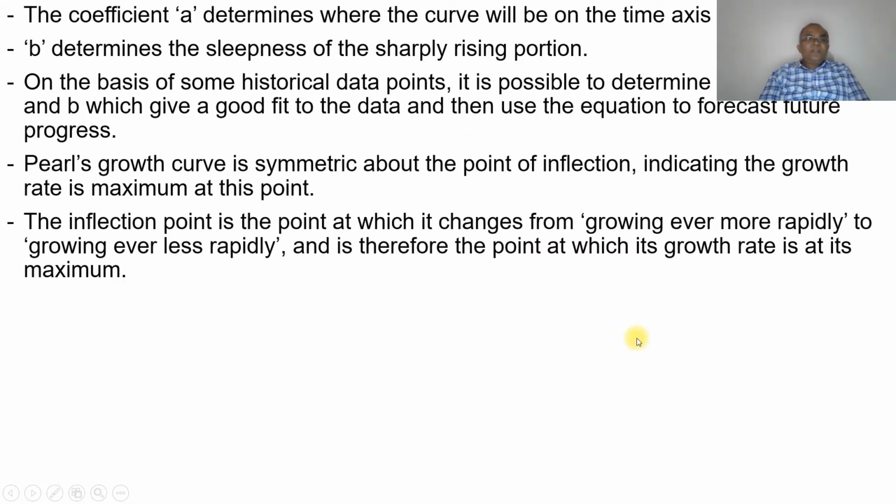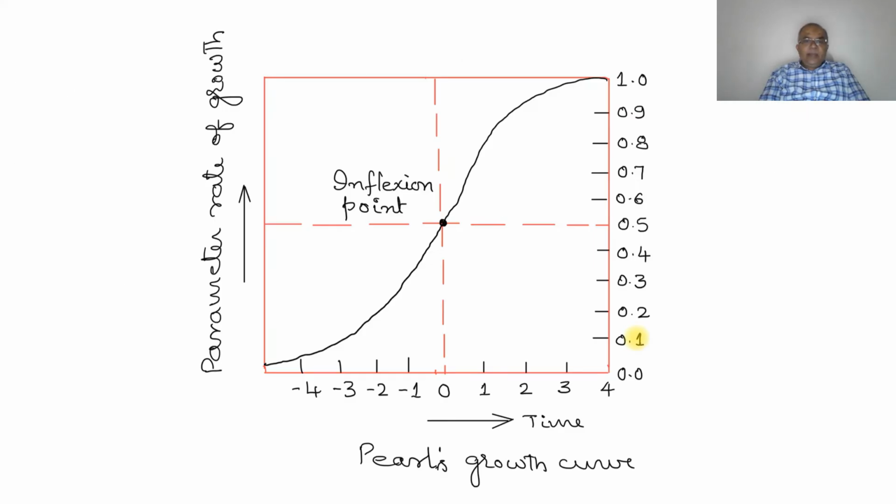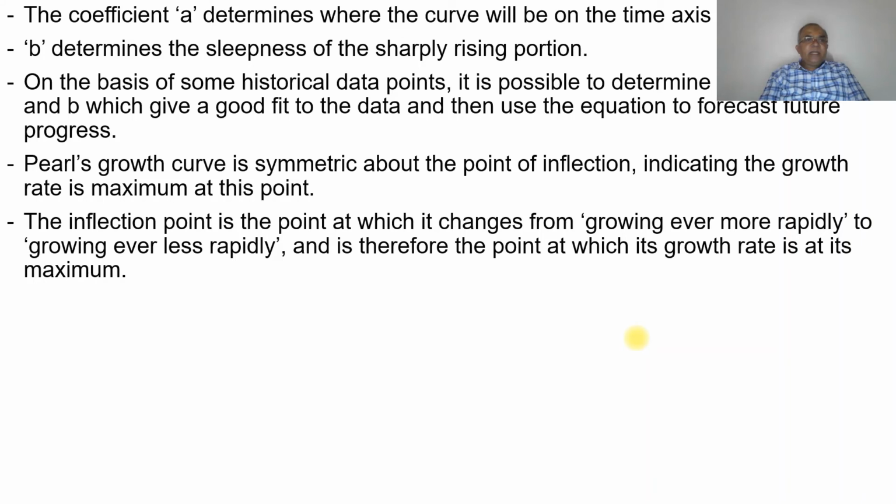The coefficient A determines where the curve will be on the time axis, and b determines the steepness of the sharply rising portion.